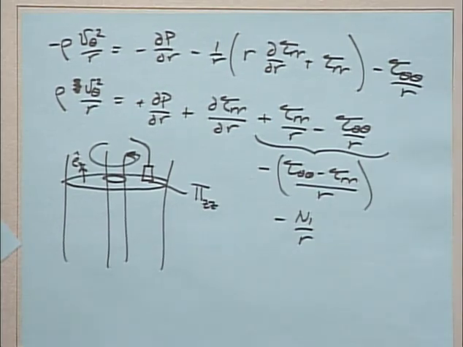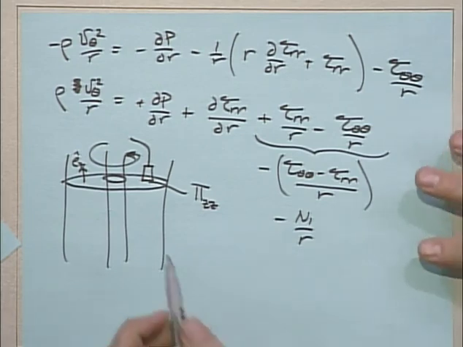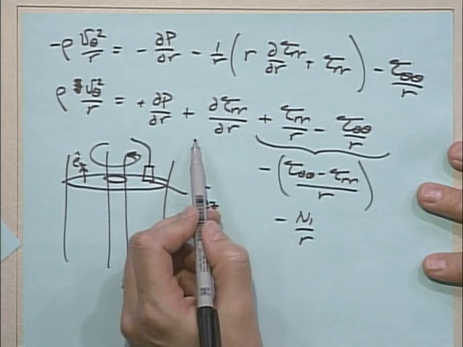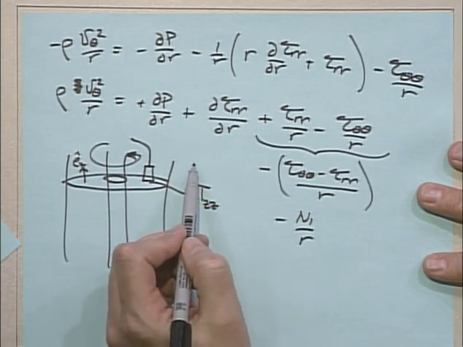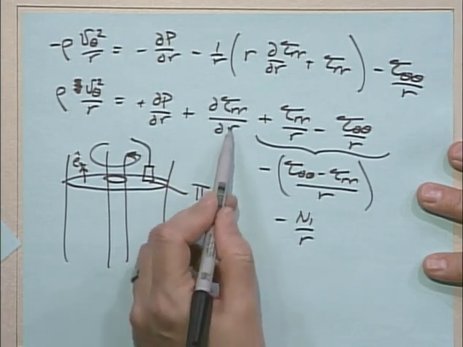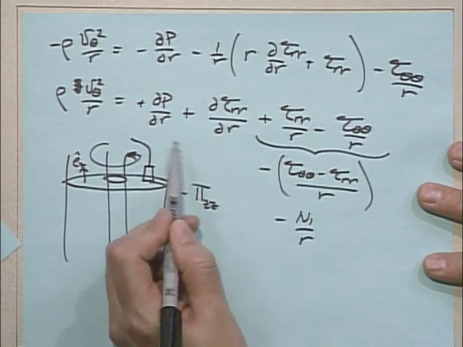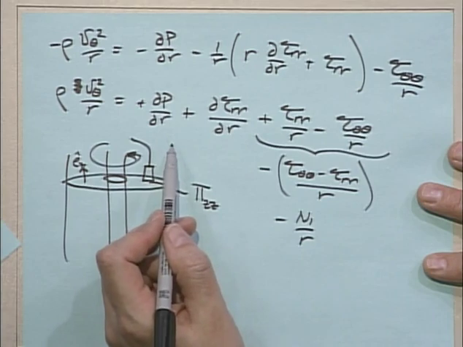We don't have any Z's in our problem. But if I subtract and add a tau zz over r, one of the terms will combine with this and give me a derivative of n2, and one of the terms will combine with this and give me the pi that I'm looking for. Tricky.